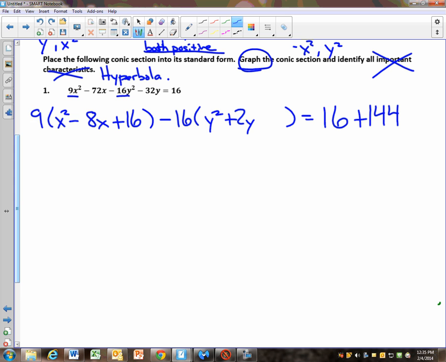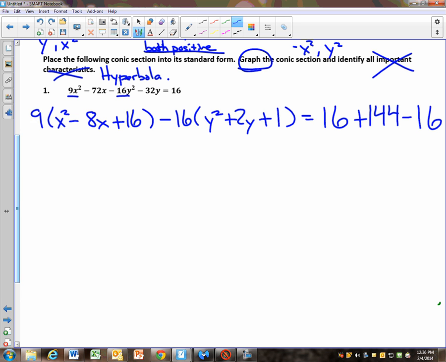How about this one? What do you add to complete the square? 1. You didn't actually add 1. What did you do? You subtracted 16. So if I subtracted 16 from the left, subtract it from the right. Ain't that pretty? Alright.